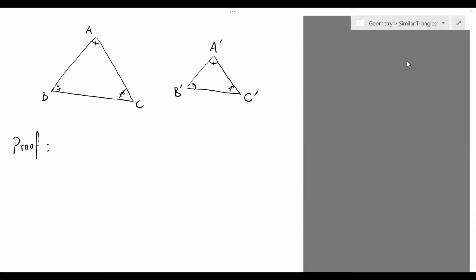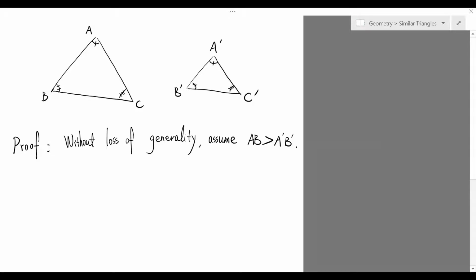As we have mentioned, the basic proportionality theorem is playing a fundamental role in the development of the theory. The trick in the proof here is to fit these two triangles together. Without loss of generality, we assume AB is greater than A'B'.